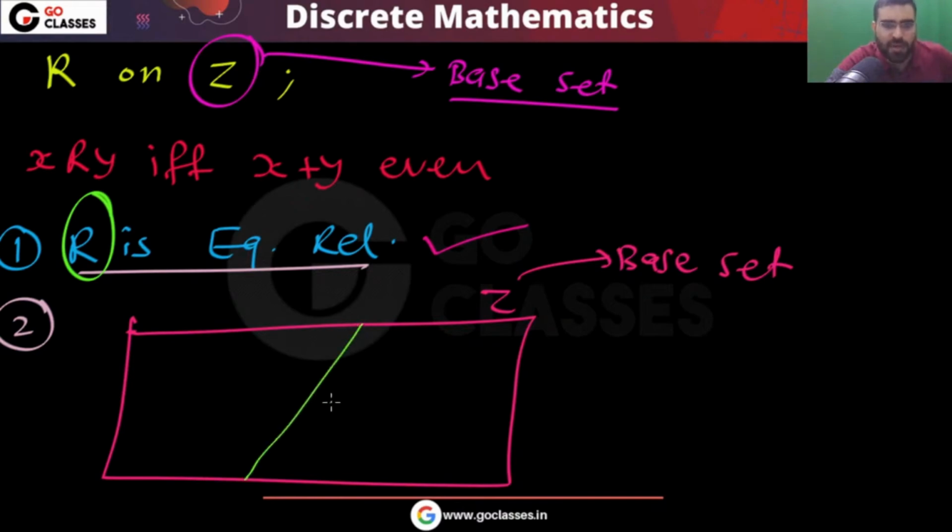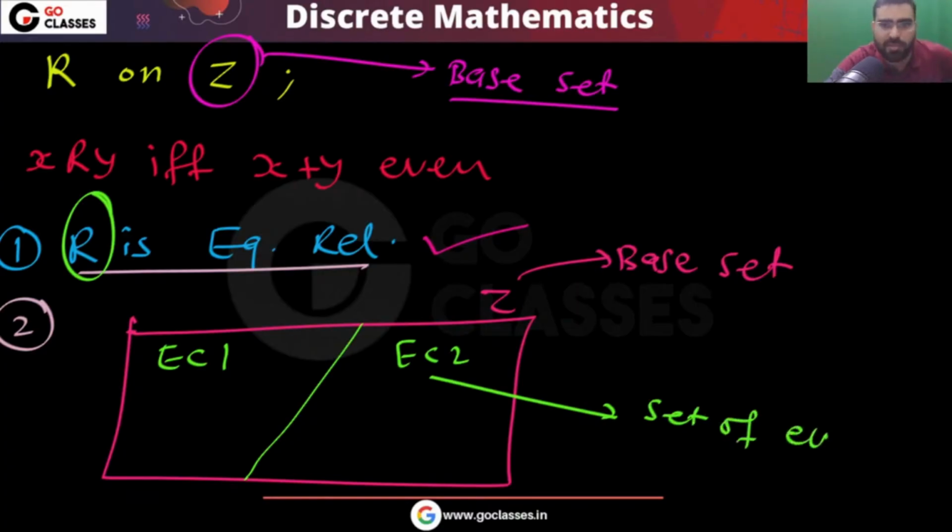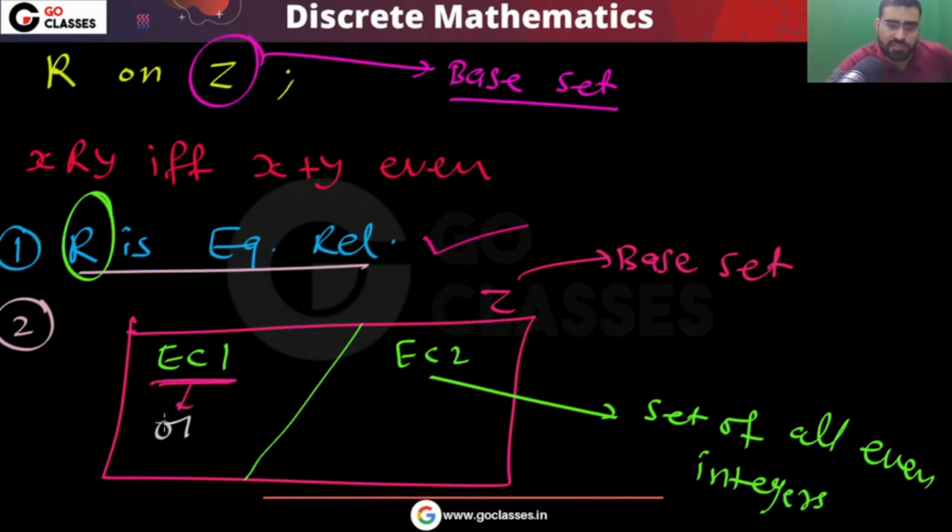It will partition into 2 classes. One class will be class 1 and another will be class 2. One class will be the set of all even integers, because every even integer is related to every even integer, and the other will be the set of all odd integers.